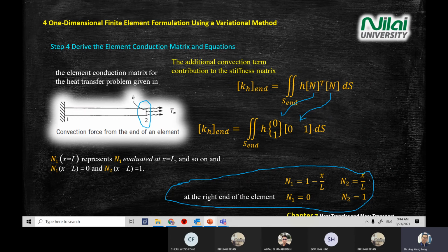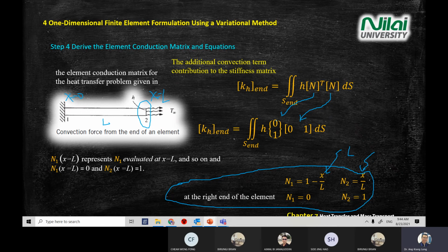The boundary condition here, what is the value of your x? X equals L, because this is x equals 0 and the length is L. So this is 0, this is L. You substitute your L here. L divided by L is 1, so N1 equals 0. N2 is the same, x equals L, so you get 1. That's why you get 0 and 1 here.